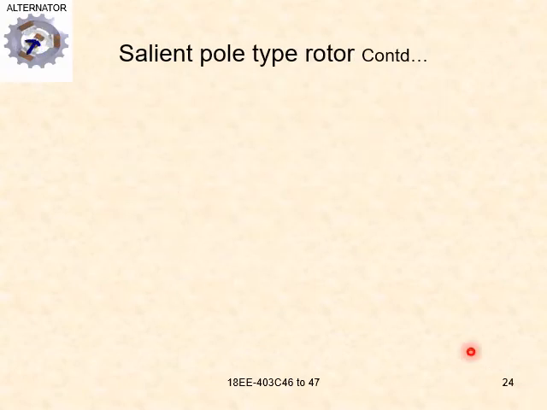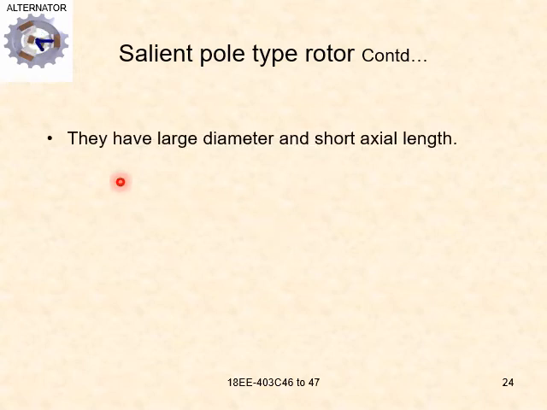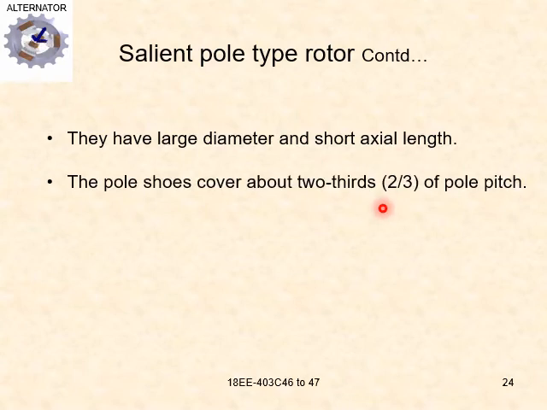In continuation with salient pole type of rotor, they have large diameter and short axial length, as you can see in the previous slide.